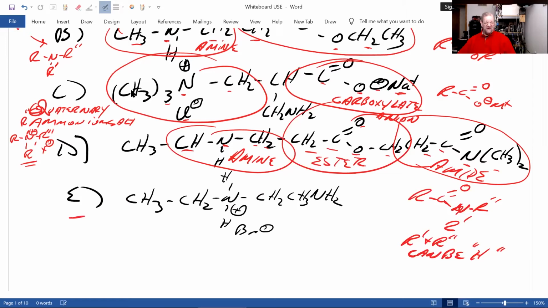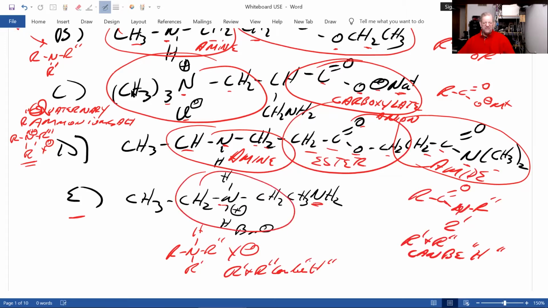And finally, E. Nitrogen here and nitrogen here. If you look at this one, remember, R prime and R double prime can be hydrogen, and this is an amine salt.